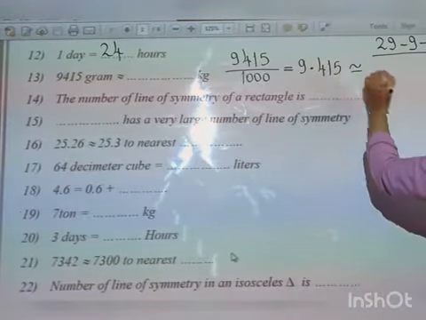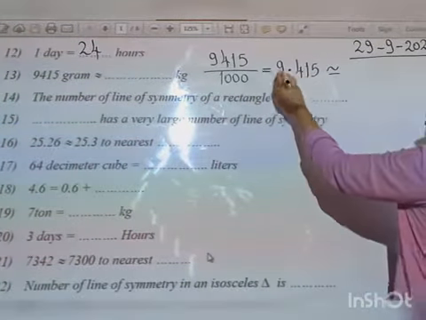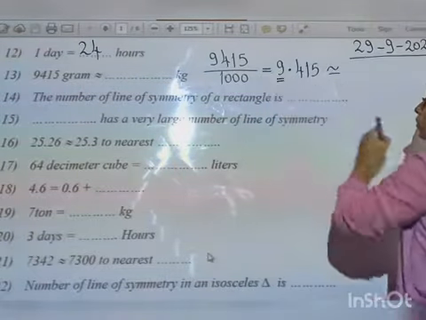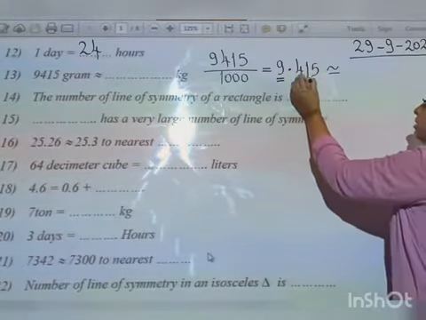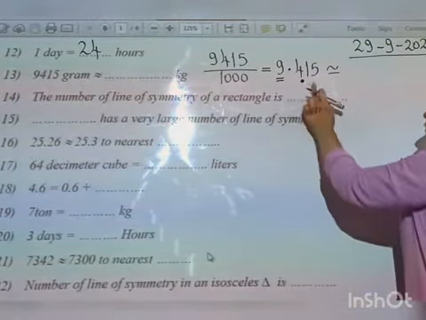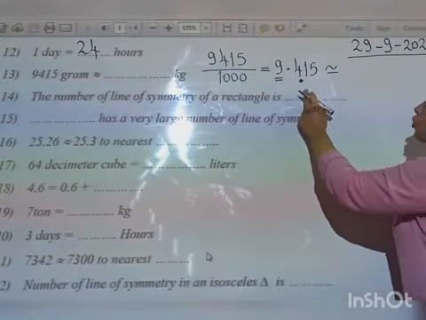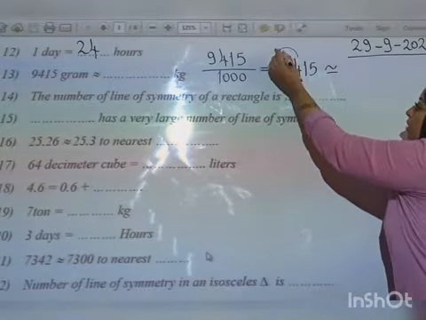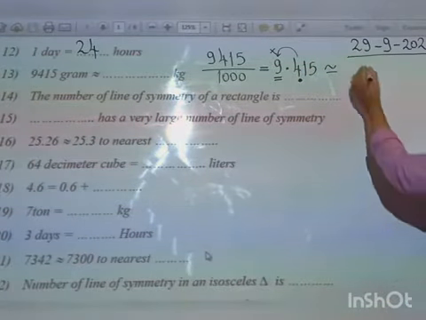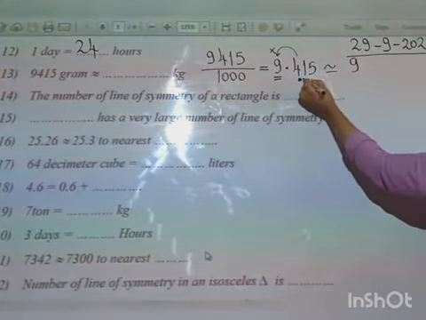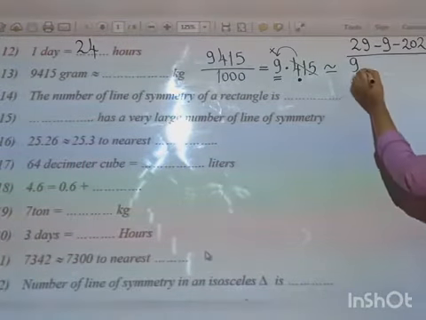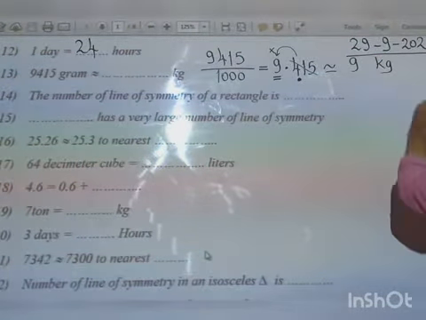To the nearest kilogram, that means we will stop at the units digit, which is 9, and look at the next number. 4 is rich or poor? 4 is poor, so it will not give 9 anything. So 9 will still be 9 and all this will be gone. 9 kilograms.